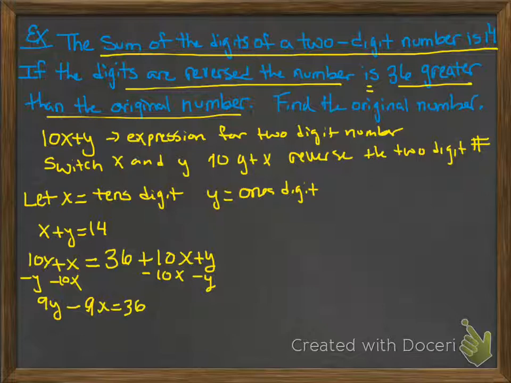So now I have x plus y is equal to 14, and I'm going to put this in the right order, negative 9x plus 9y is equal to 36. Now notice that one of my values is negative.